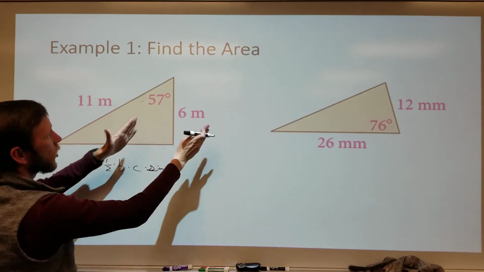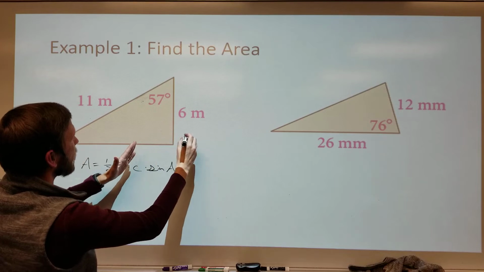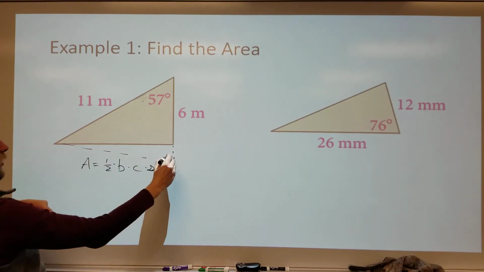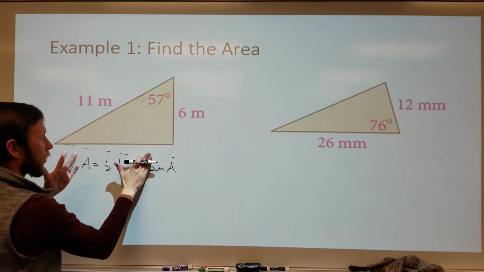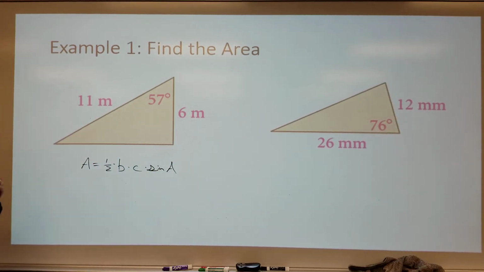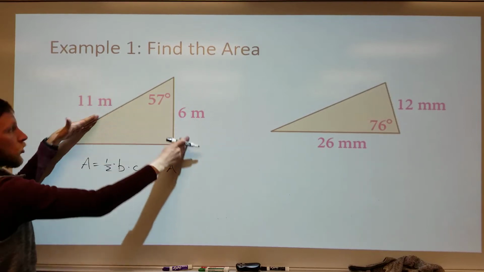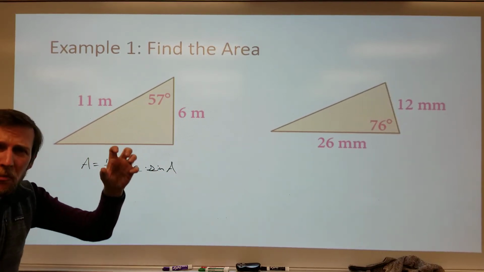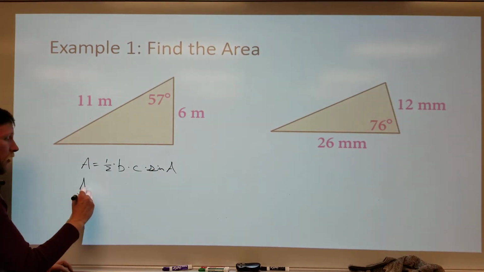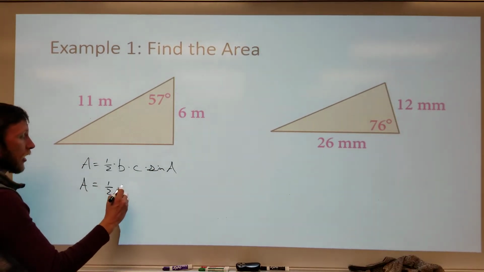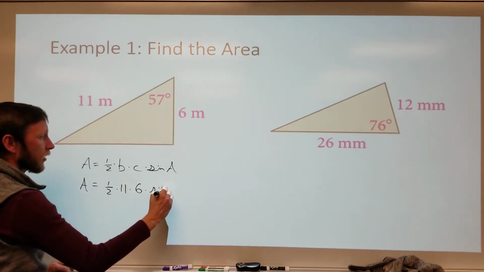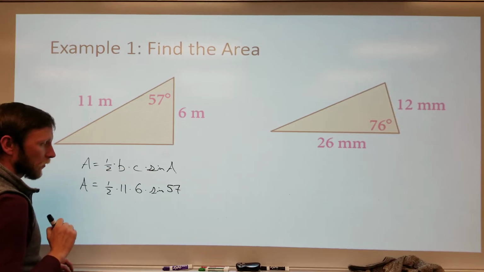In this case, we know two sides, we know the angle between, so it doesn't matter which one is B and which one is C, we're going to multiply them together. All right, area is 1/2 times 11 times 6 times the sine of 57 degrees.